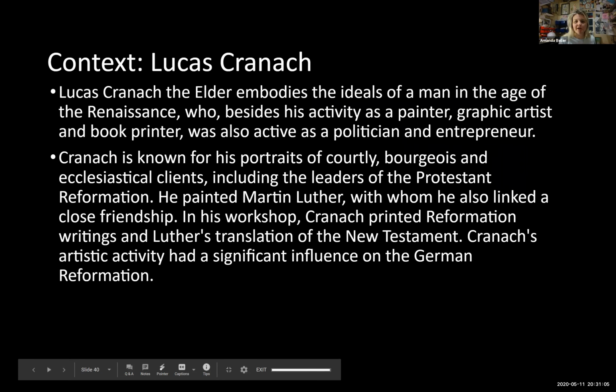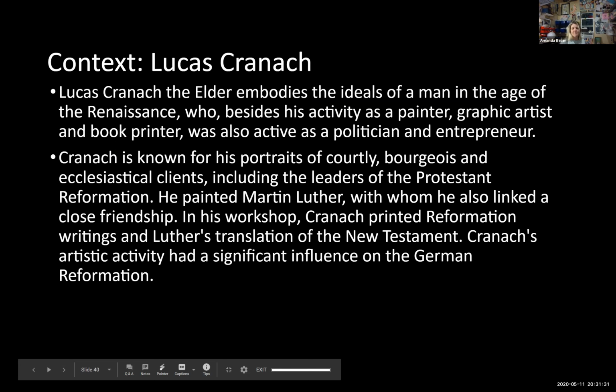All right. So Lucas Cranach. He is a Reformation artist. He was actually a friend of Martin Luther, and he's coming out of this mentality that Catholics are bad. I'm not saying that, but that's what the Reformists, the Protestants, were saying.